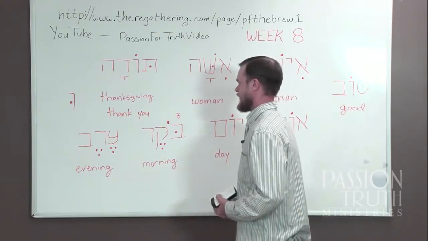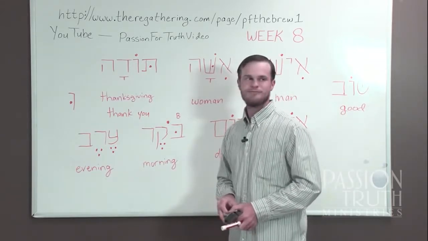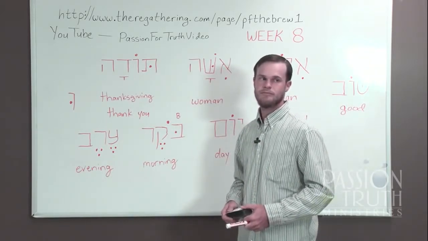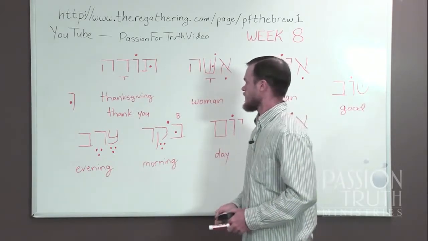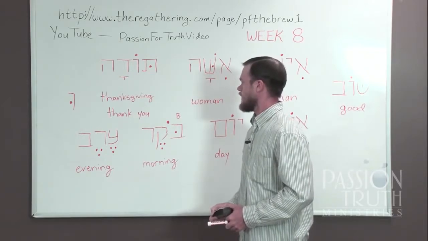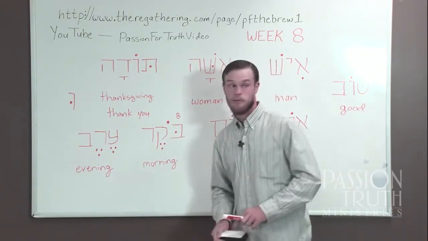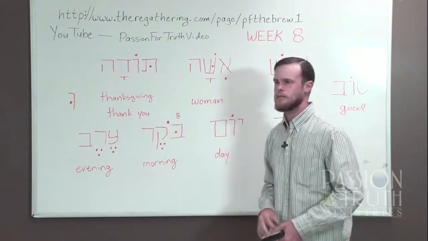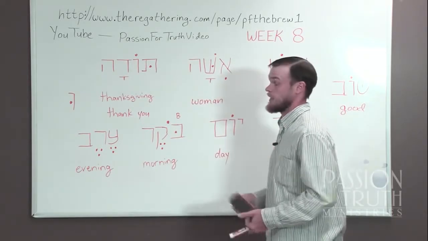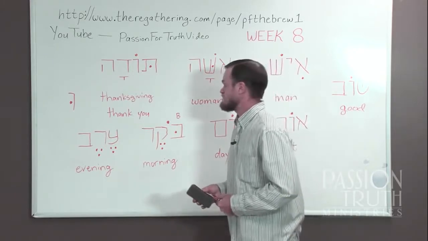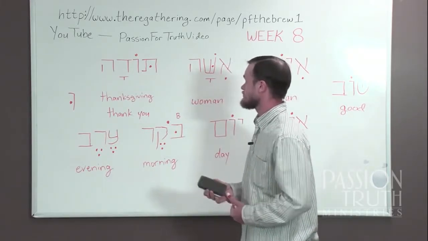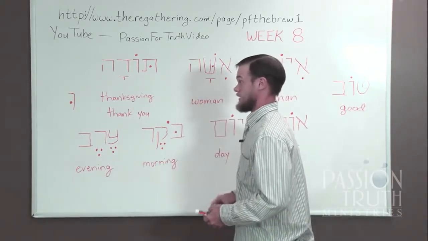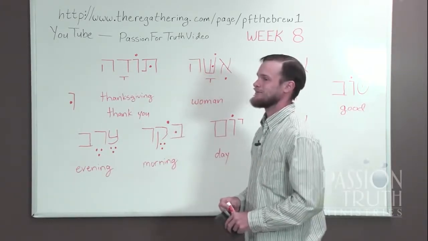But with the shin, I was gonna say this, you said at the beginning of the word, for the most part, don't pull out the dot that's on the top. Actually, come to think of it, it is a lot of times on the first syllable, but it could be anywhere. So you have to watch the shin, whether it's a cholam or a dagesh.